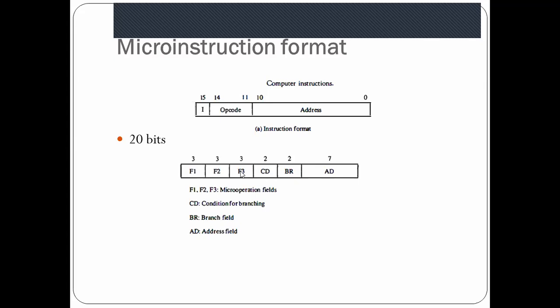After that, we have the micro operational fields F1, F2, F3, each of 3 bits. Each field will perform several micro operations based on the value, based on the bit definitions. 3 bits have 8 possible combinations, so each combination provides one particular micro operation.